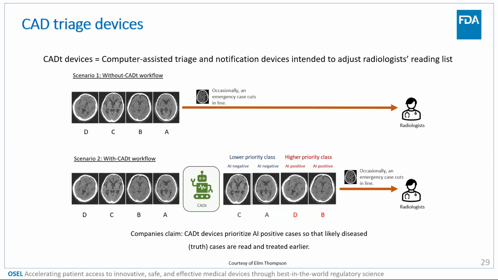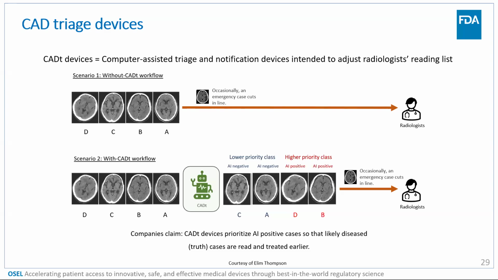Occasionally an interrupting or emergency case might cut in line. But in a with-CAD-T workflow, patients or images would be read by AI, and those deemed positive by the AI would be put into a higher priority class and jump to the top of the queue. And occasionally you would still have an emergency case cut in line.